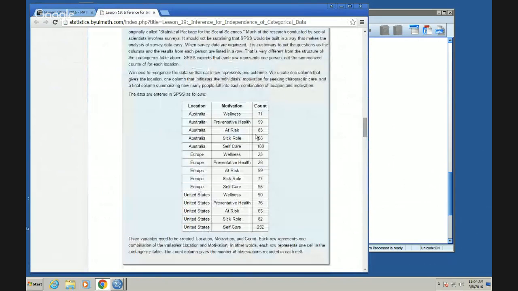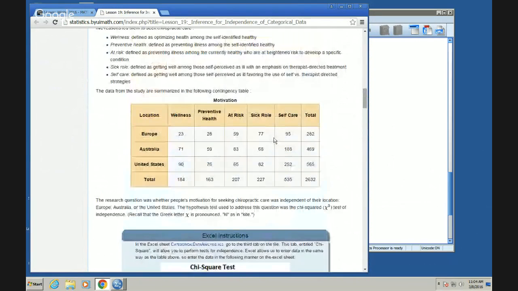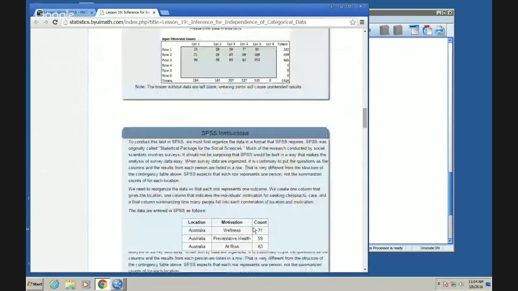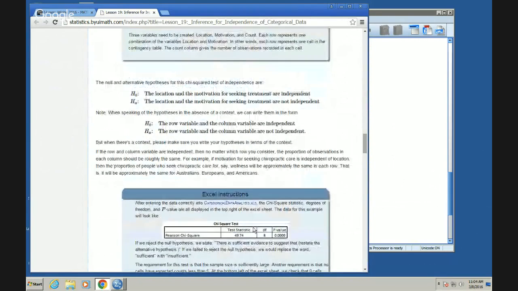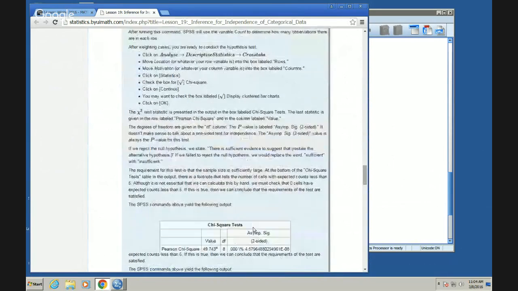Are these numbers the same? Australia wellness count 71. No, they're not. Okay, so we can just use this. It doesn't look the same from a quick glance, anyway.